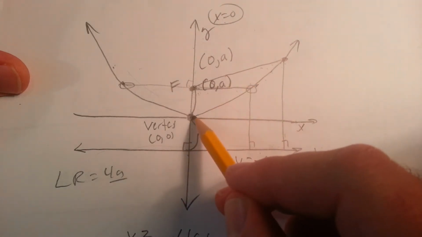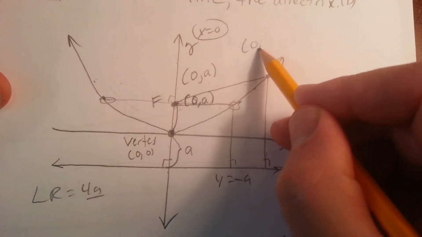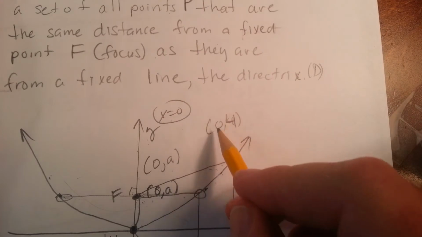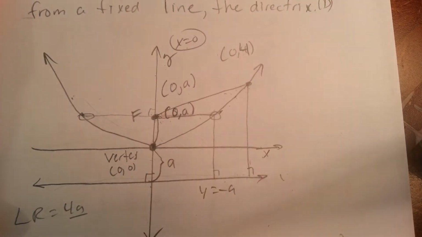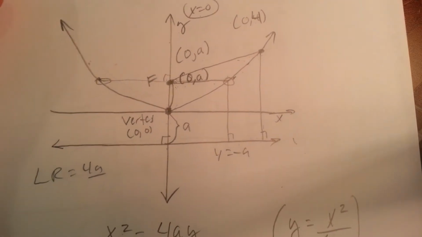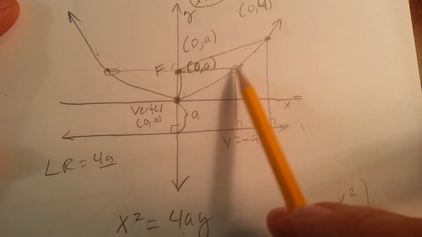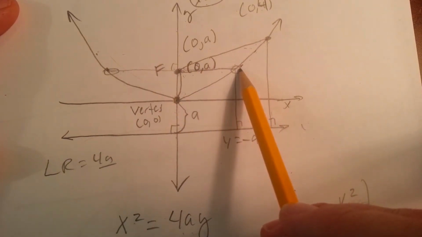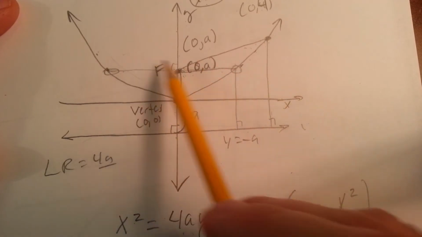We're at 0 on the x-axis, and my y-coordinate is a. It could be (0, 4). These points help us manually graph, so it's nice to find them and graph through them.